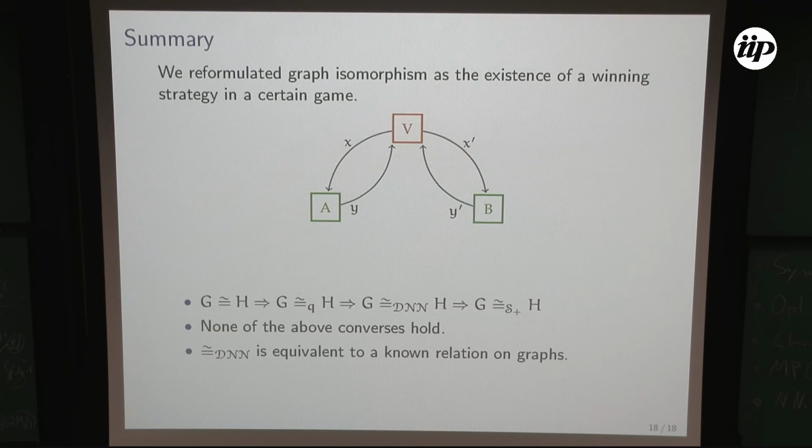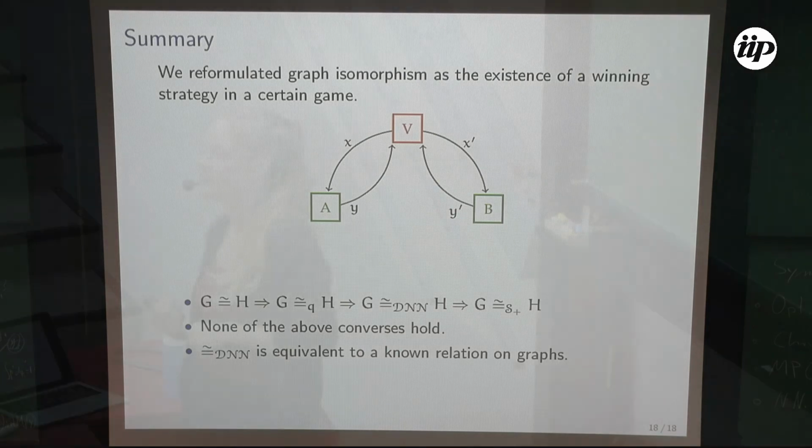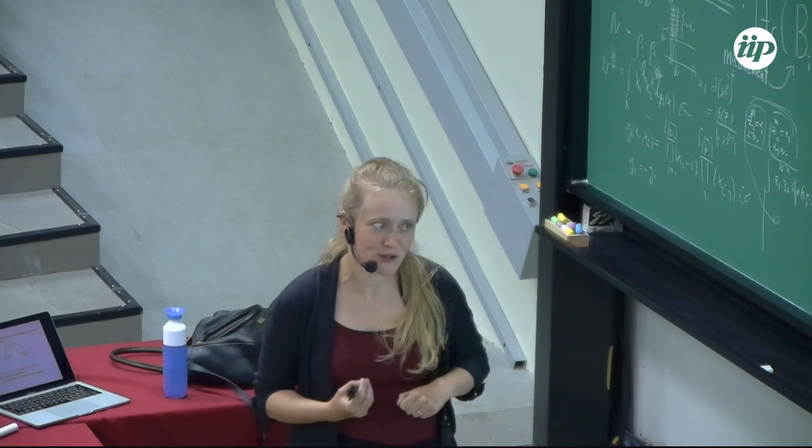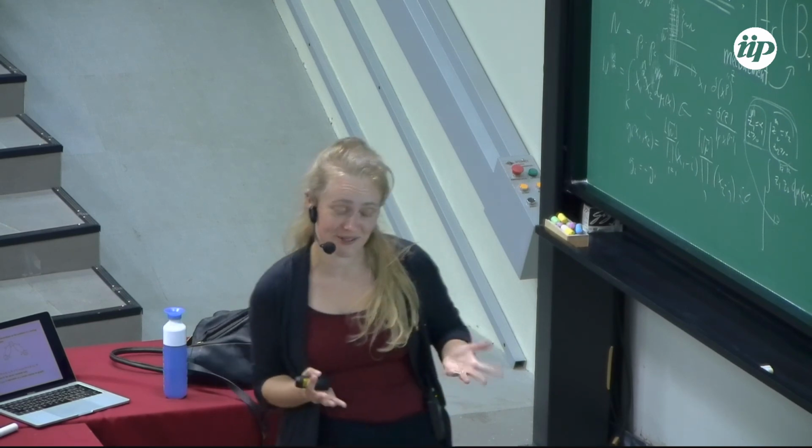And we saw that DNN-isomorphism we can test in polynomial time using the Weisfeiler-Lehman algorithm. This is actually equivalent to a previously studied relation on graphs. And it's an unfortunate coincidence: this relation on graphs is called graph equivalence. It would be cumbersome to say it is equivalent to the equivalence relation on graphs.